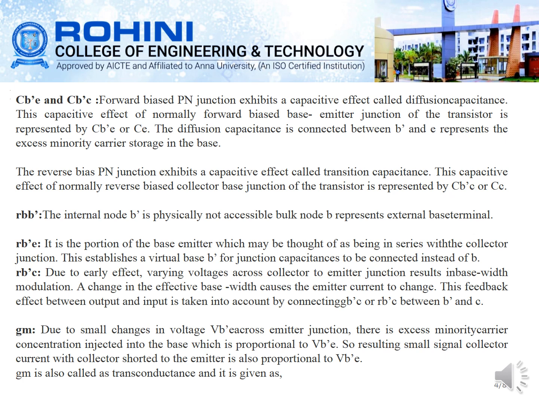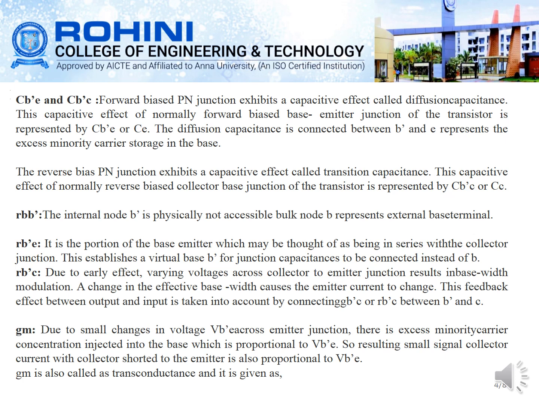It is connected between B' and E and represents the excess minority carrier storage in the base. The reverse biased PN junction exhibits a capacitance effect called transition capacitance, which is represented as CBC.